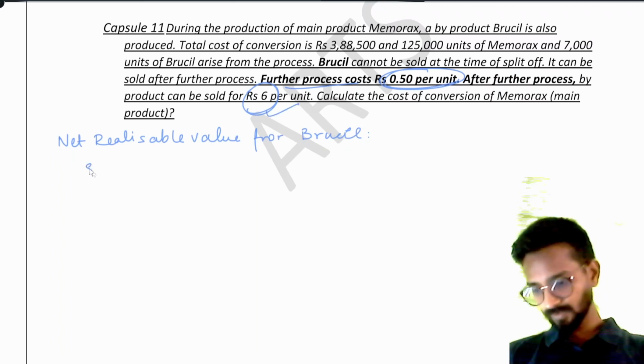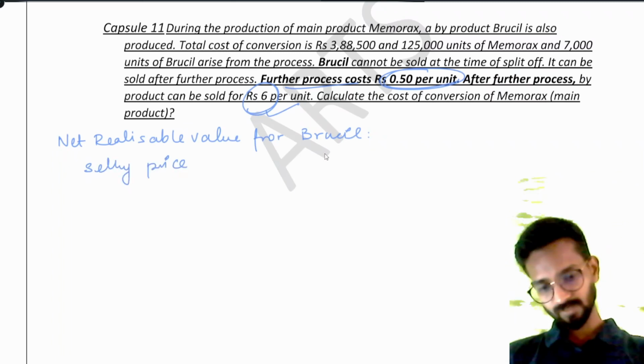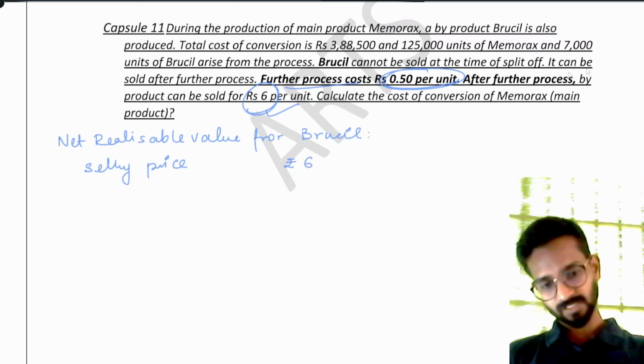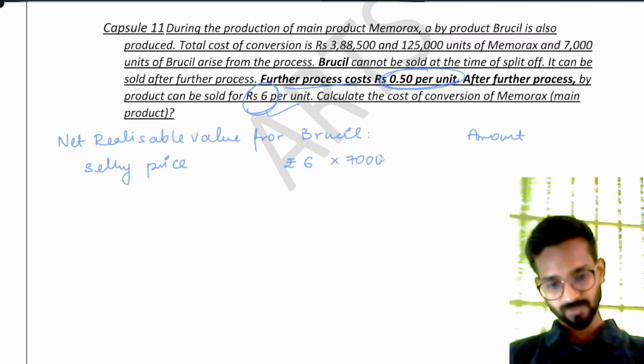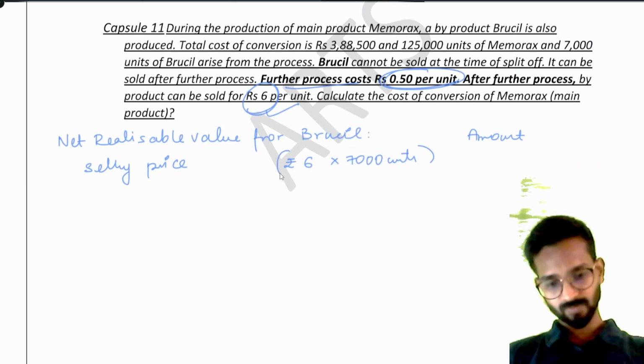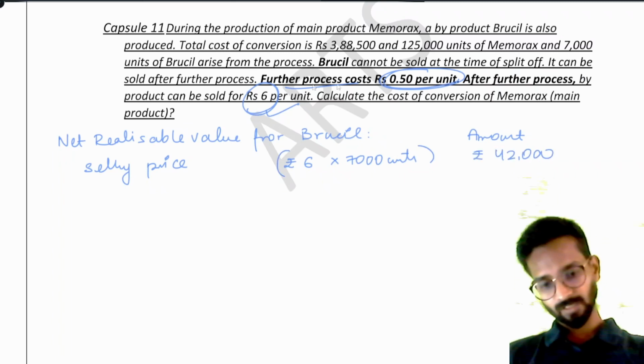So the selling price is 6 rupees. Total selling price will be, how many units are there? 7,000. Amount, 6 into 7,000 units, so rupees 42,000. Then how much is the further process cost?